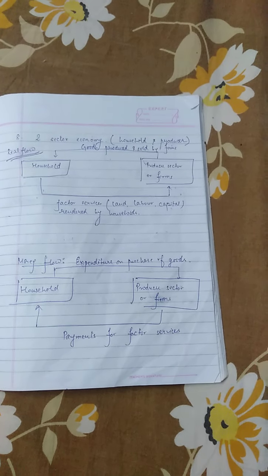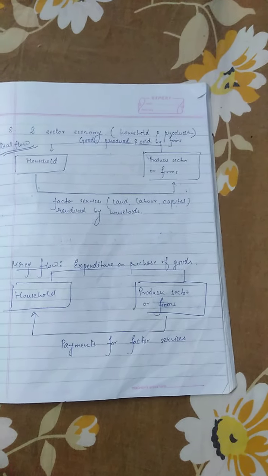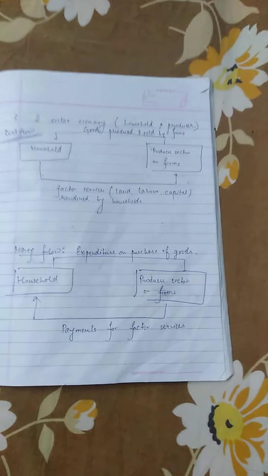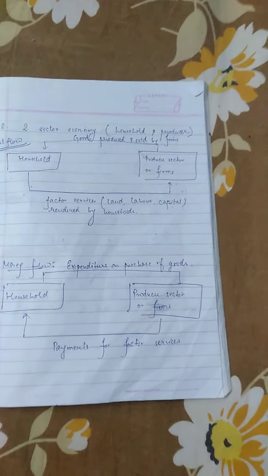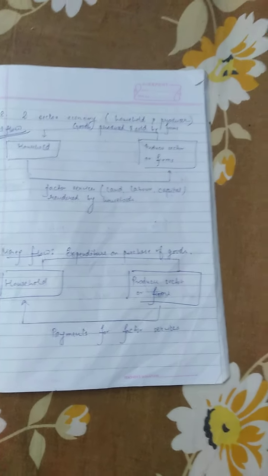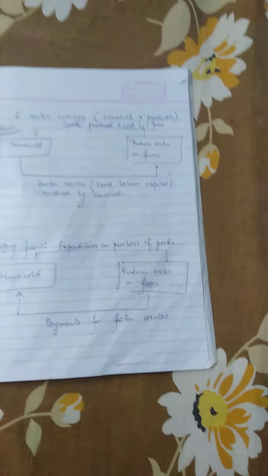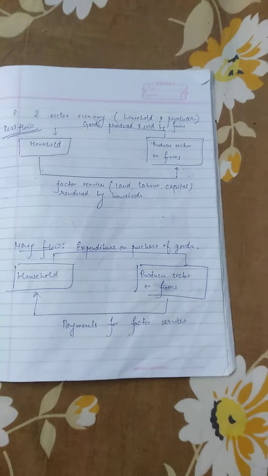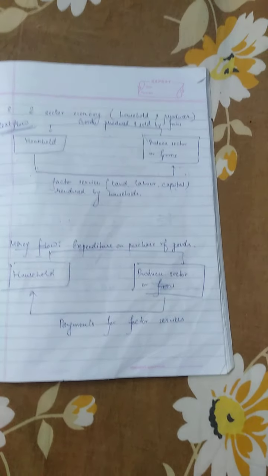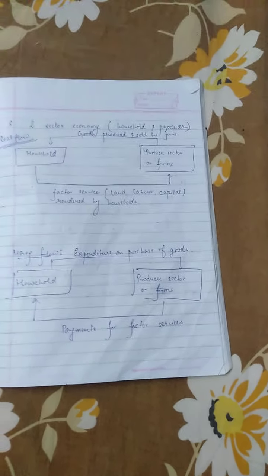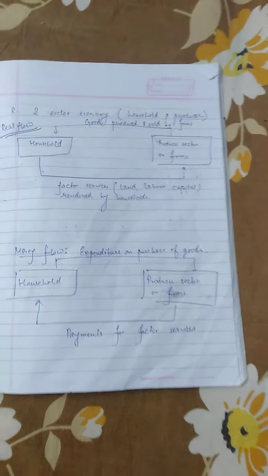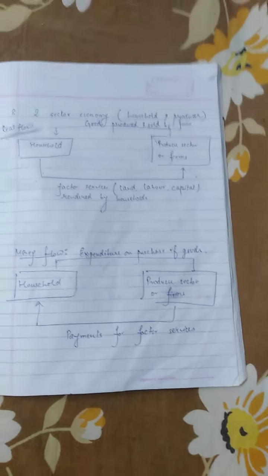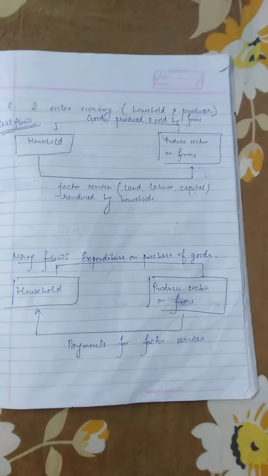But in detail we will be studying two sector economy today, that is the household and the producer. Now, there are two types of flows, two types of exchange between producer and households. There is a flow of goods and services, and there is also a flow of money between these two sectors.